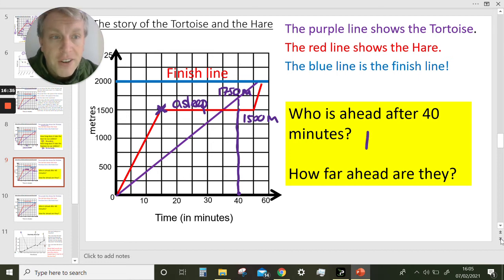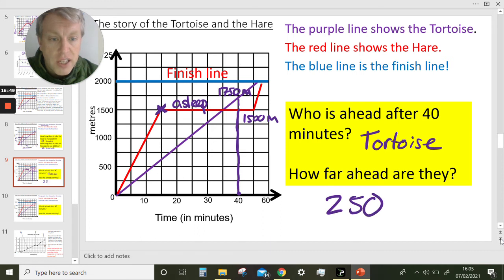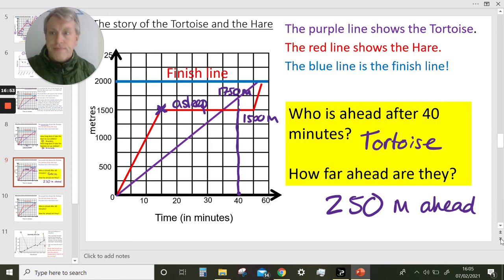So, it's not the turtle, sorry, the tortoise. How far ahead are they? Well, probably the difference between 1,500 and 1,750. So the tortoise is 250 metres ahead. Okay.